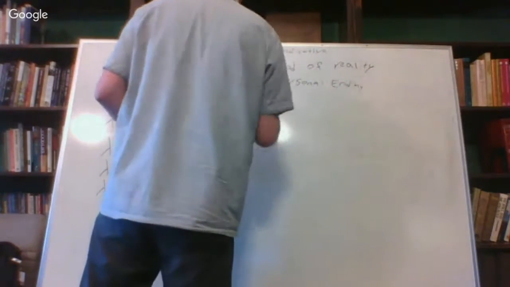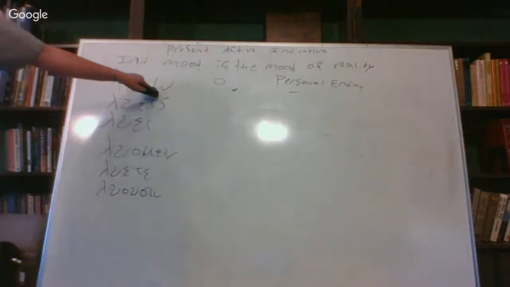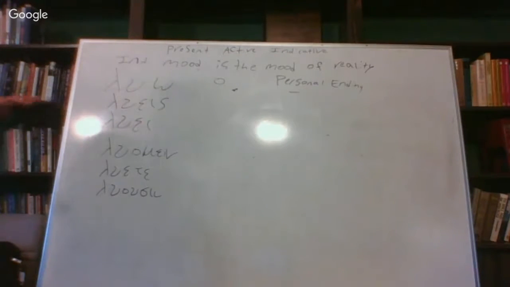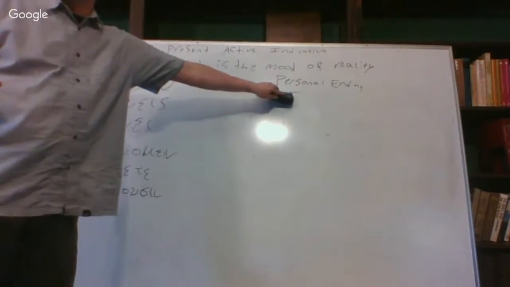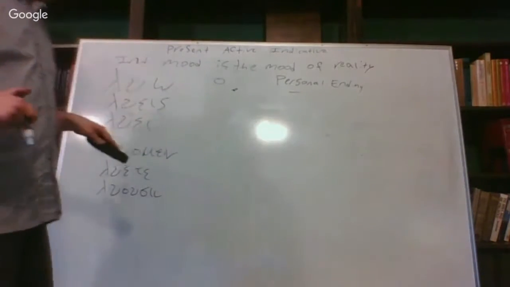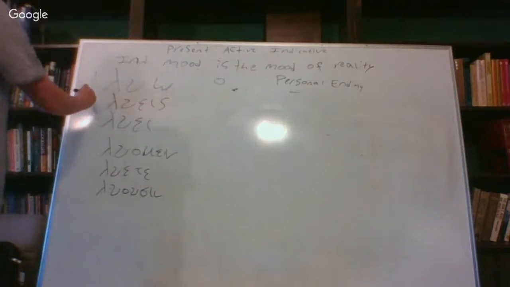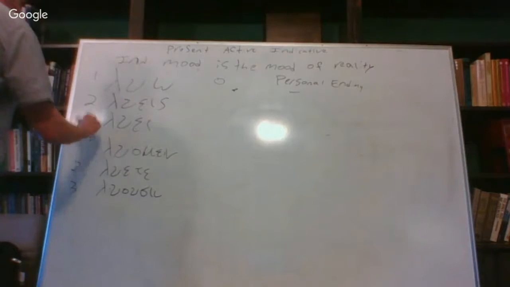But there is a connecting vowel, so we'll leave that blank. But it morphs into omega. Little confusing. I would recommend just learning it as luo for now. But do know that there is technically no personal ending here. The connecting vowel lengthens.